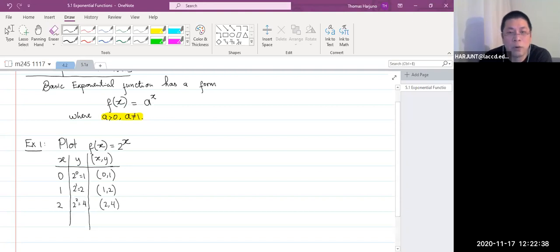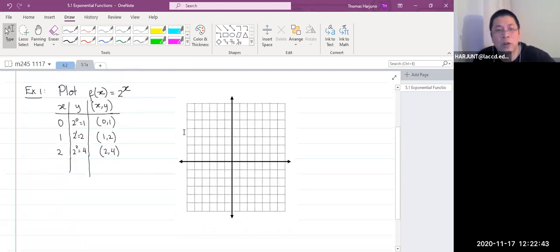Now you see the following phenomenon. If I try to sketch the graph, you will see it at (0, 1), (1, 2), (2, 4). Because the base is 2, every time you move 1 unit to the right, you will multiply the previous value by 2.